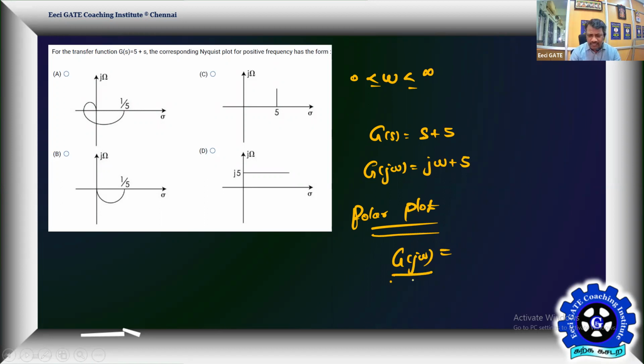So we have G of j omega, where omega is going to vary from 0 to infinity. In polar plot we are going to play with the polar coordinates, so it is magnitude versus phase angle for any given frequency ranging from 0 to infinity. Any frequency sensitive system will have variations in magnitude and in phi.